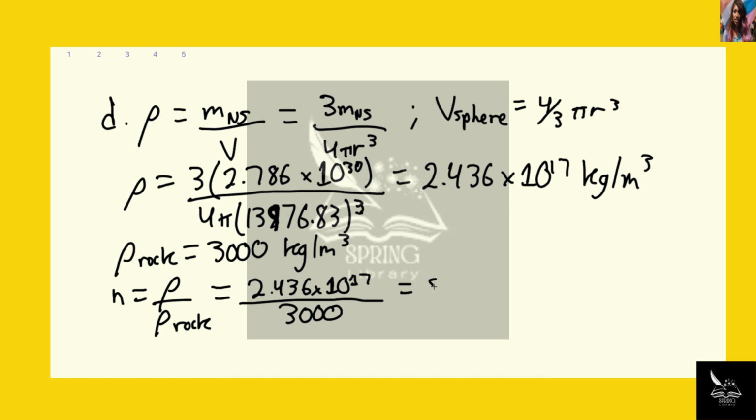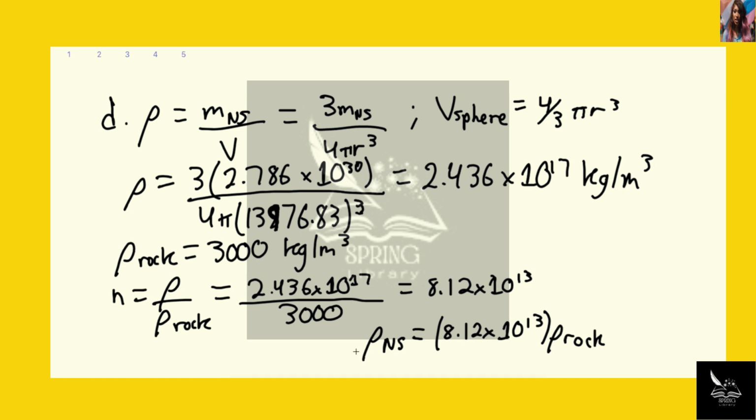And this is going to be 8.12 times 10 to the 13th. So that means that the density of the neutron star is 8.12 times 10 to the 13th times the density of a rock. So it's 13 orders of magnitude higher than the density of a rock, which is extremely high.